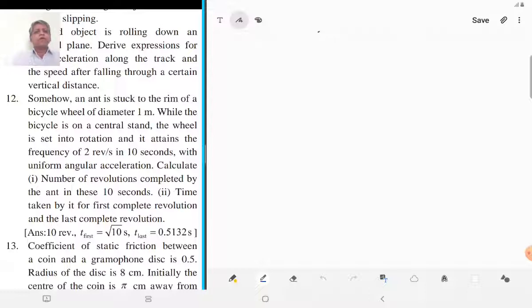While the bicycle is on a central stand, the wheel is set into rotation and it attains the frequency of 2 revolutions per second in 10 seconds with uniform angular acceleration. Calculate first point, number of revolutions completed by the ant in these 10 seconds. Second point, time taken by it for first complete revolution.